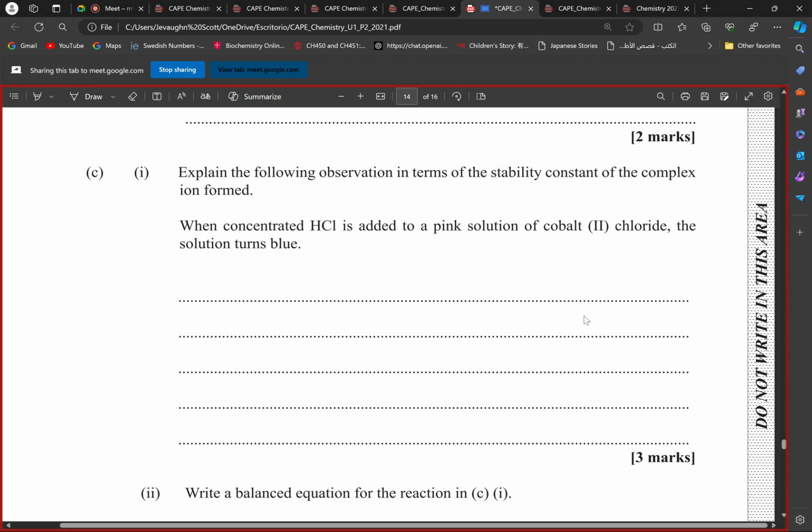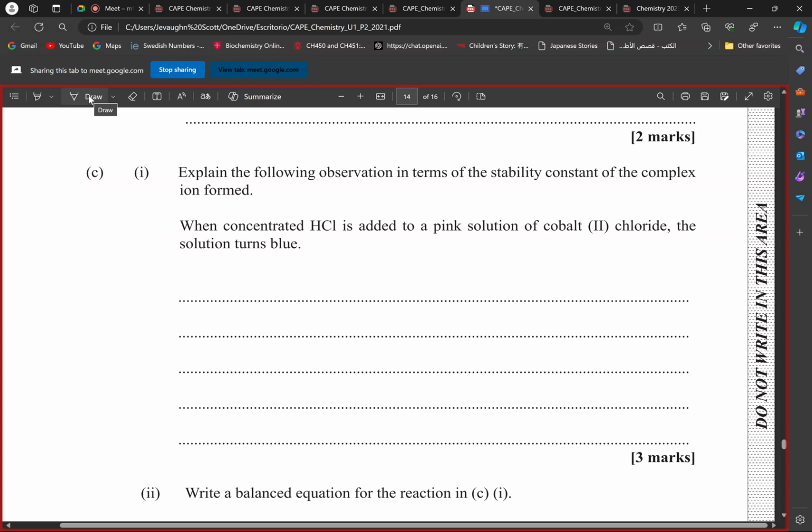Anybody has an idea though before I answer this, or you just want to let me answer? Go ahead. What I think happened is that it becomes a tetrachloride.